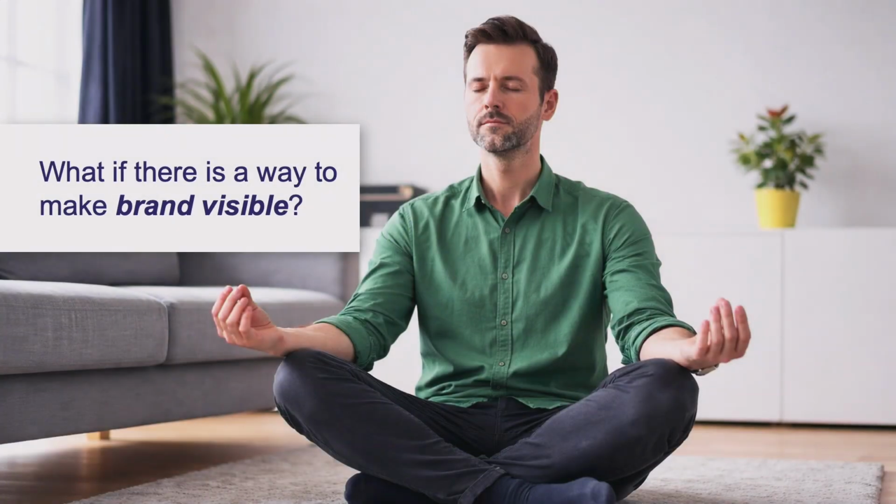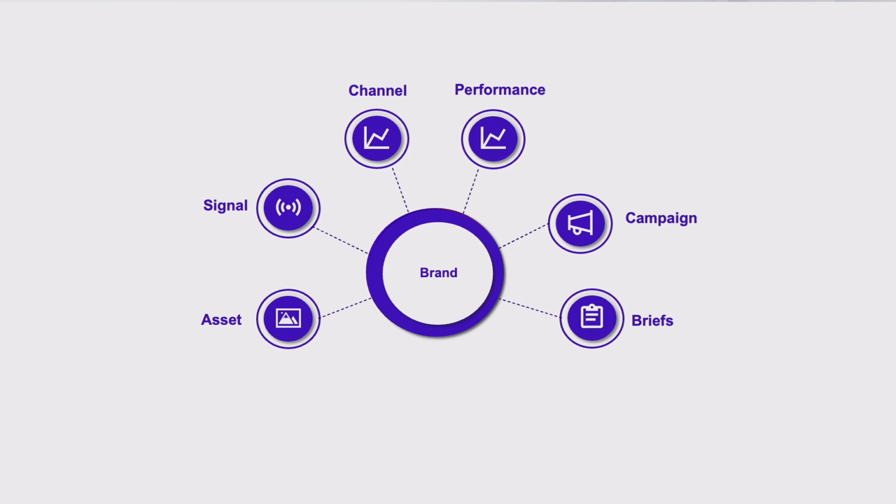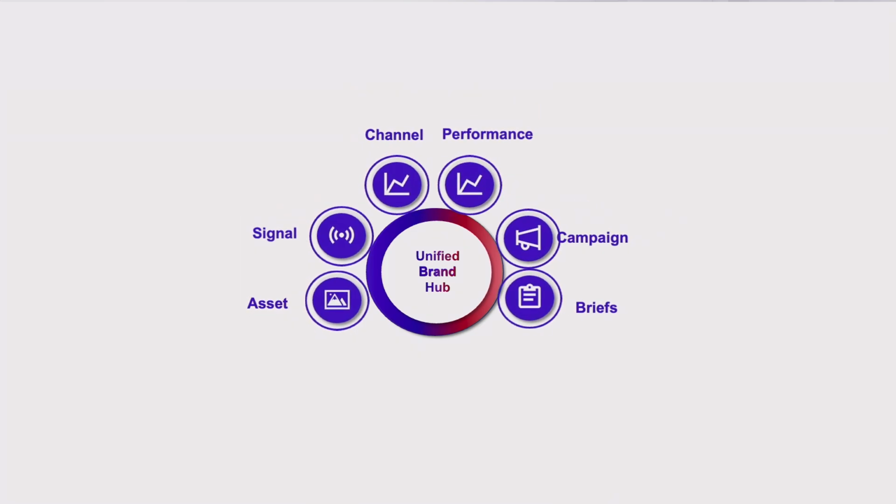What if we offer a better way to solve this brand visibility problem? And this comes to life together with the Unified Brand Hub. The main purpose, let's say the first objective of the Unified Brand Hub, which is not the only one, is to make these connections visible and to bring all these concepts together so that you can have a much more efficient workflow.